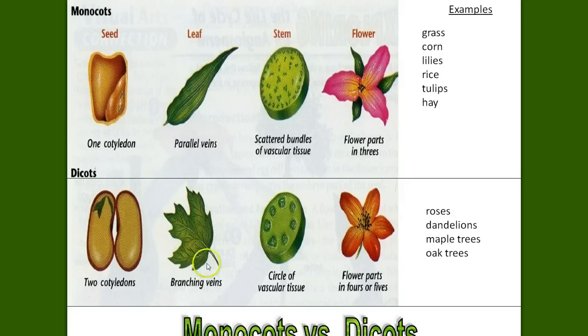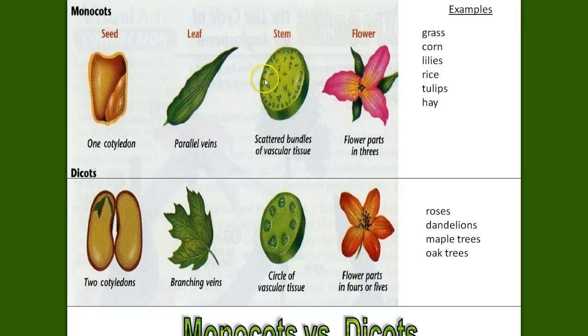Now a dicot, they have big, fat, branching leaves like this maple leaf right here. And do you see all the veins that go through it? That's called branching veins. So parallel veins, monocot. Branching veins, dicot. And then the stems.